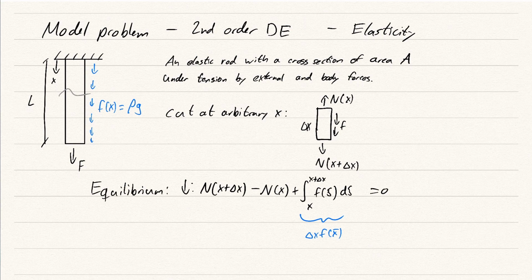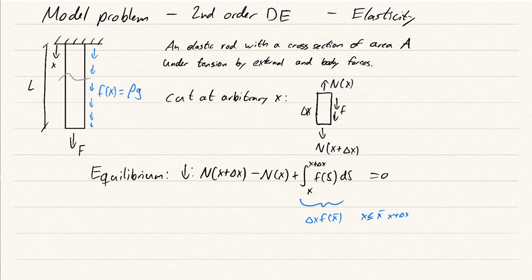If f is linear enough, then this is not too big. Or if the region delta x is very small, then you can say that x bar is quite small. So this is valid for x bar between x and x plus delta x. So this is valid all the time.